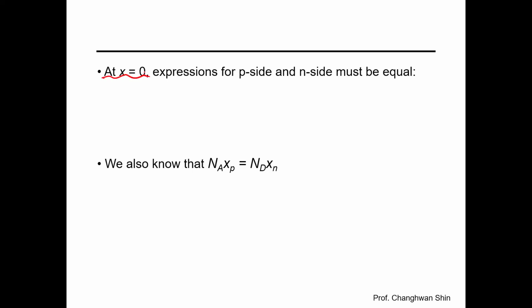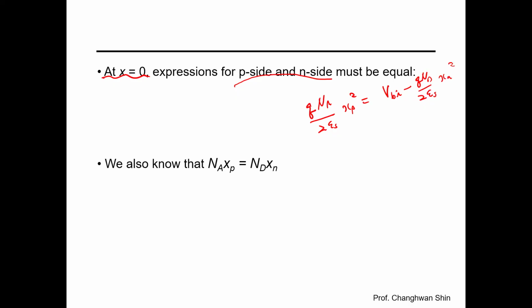So at x equals 0, the potential expression from both sides must be equal. So q NA over 2 epsilon s xp squared is equal to Vbi minus q ND over 2 epsilon s xn squared.